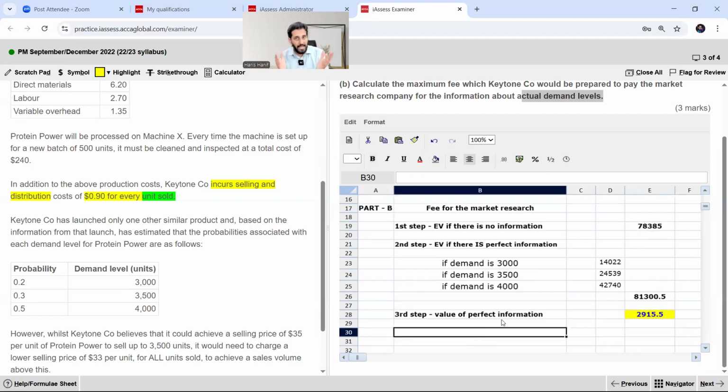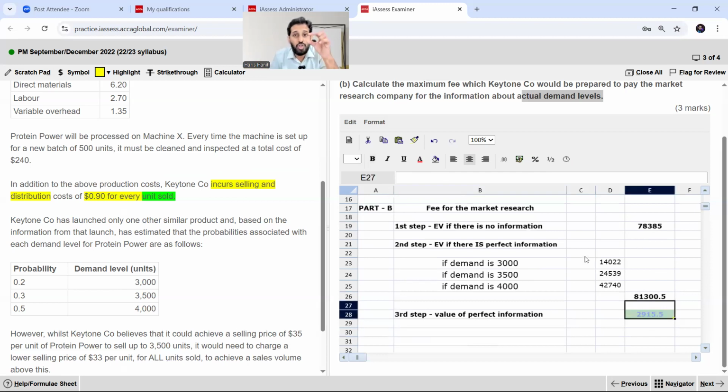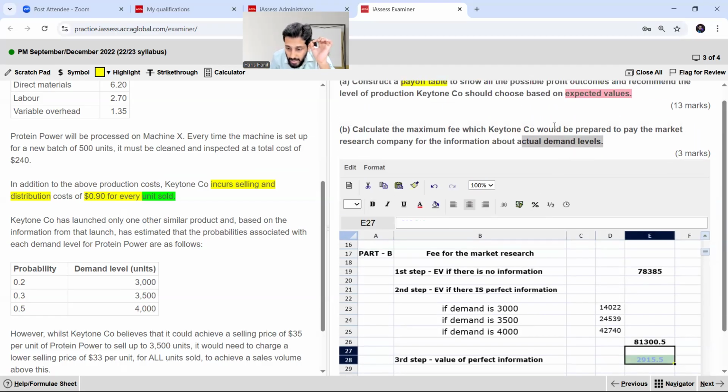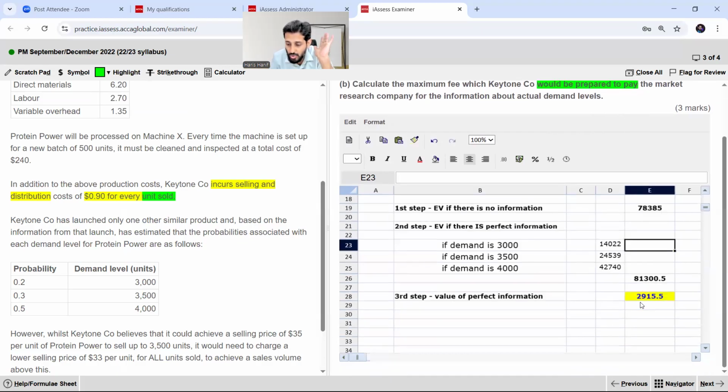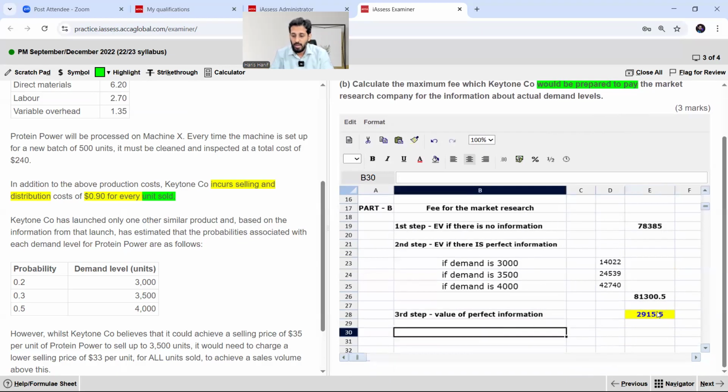So practically you should pay me less than 2195. How much would you be prepared to pay? That is this amount, not more than that.